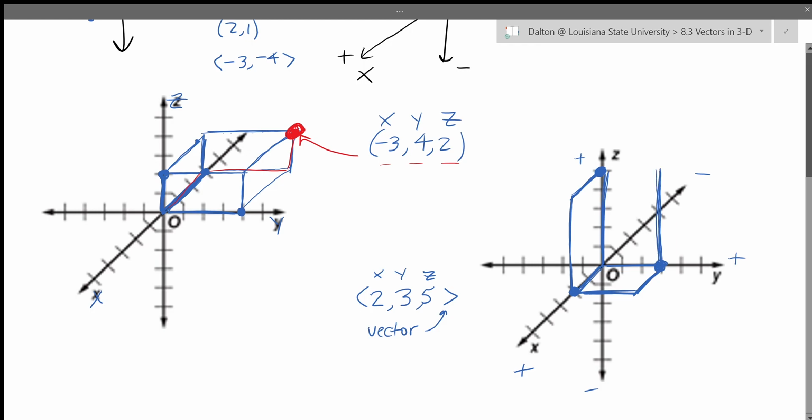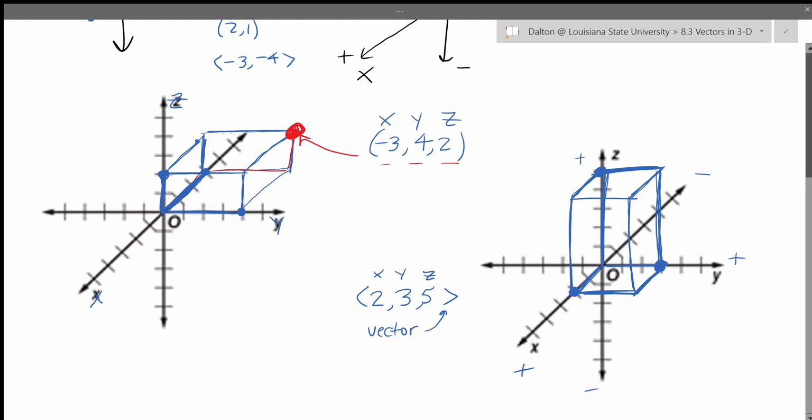It's actually just going to be a rectangle. And then complete your 3D shape. So something like this.